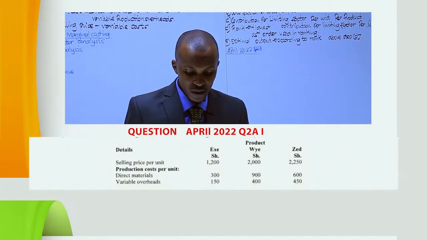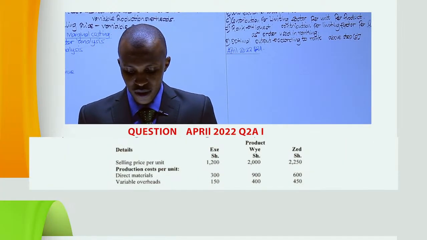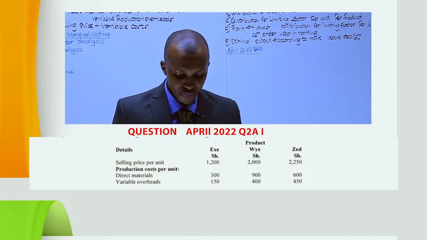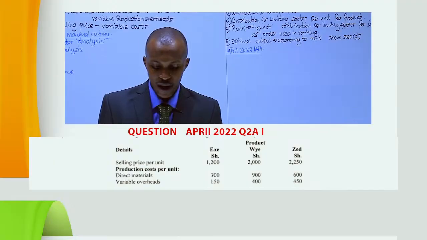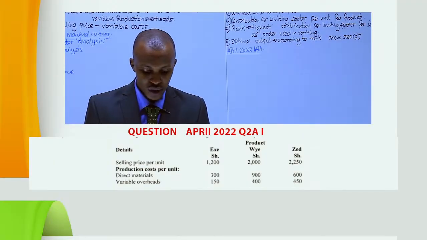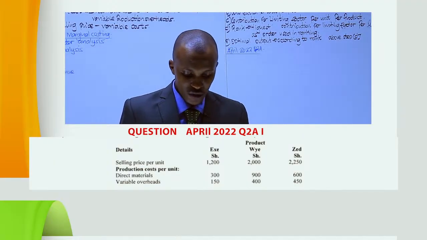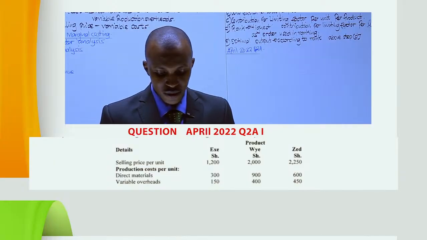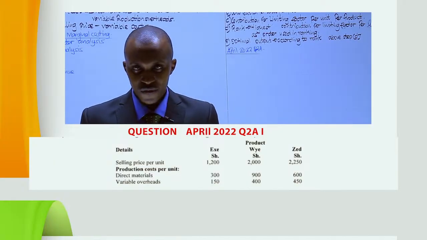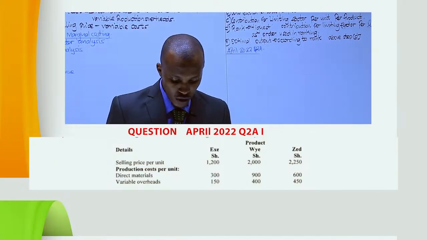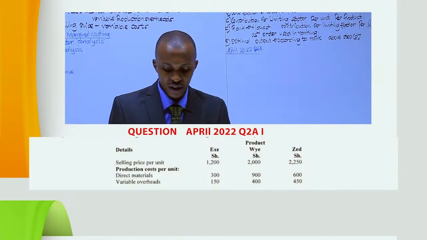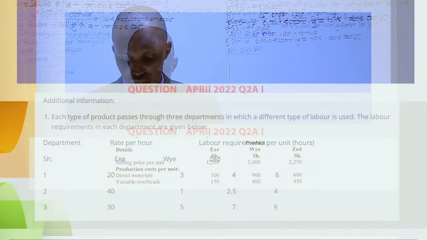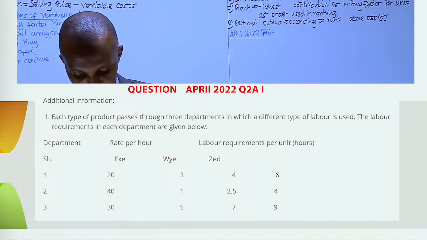The selling price per unit of X is 1,200, of Y is 2,000, of Z is 2,250. Your production cost of materials is 300, of Y is 900, of Z is 600. Your variable overheads of X is 150, of Y is 400, of Z is 450.